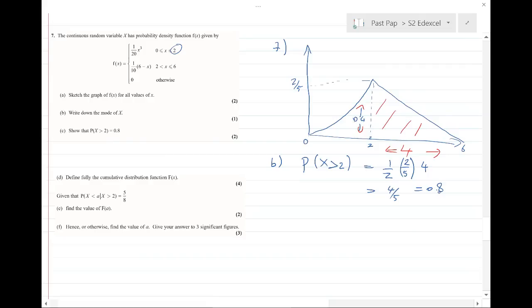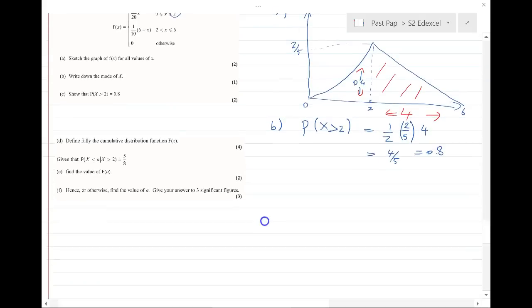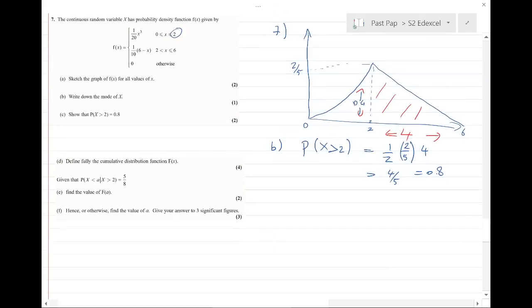That's part C done. Now we've got to do the integrating to work out, to fully specify the CDF. So let's integrate 1/20. Let's define what we're doing.